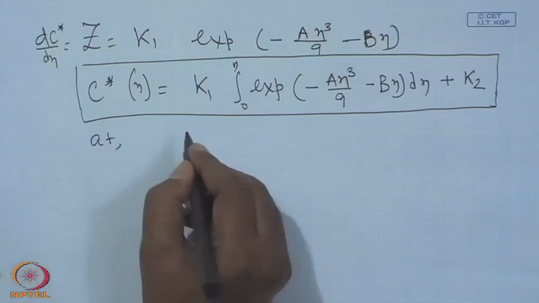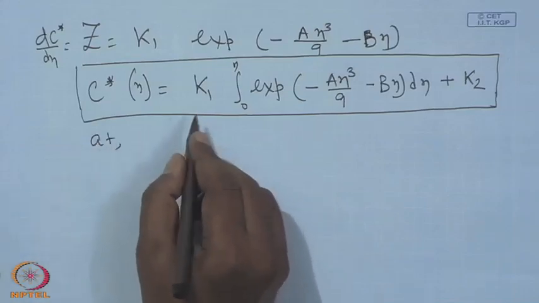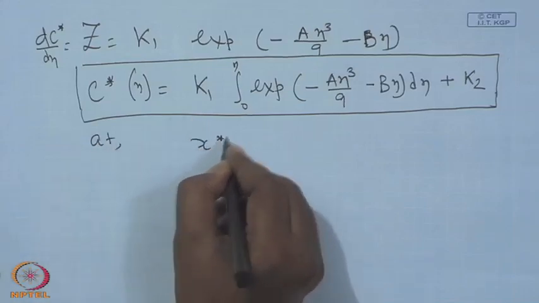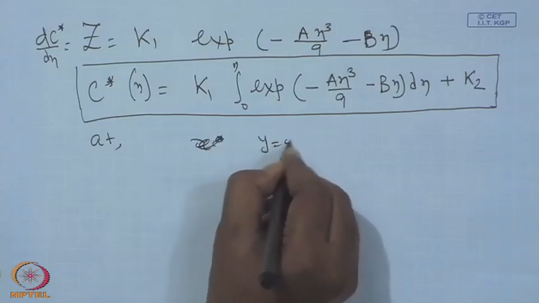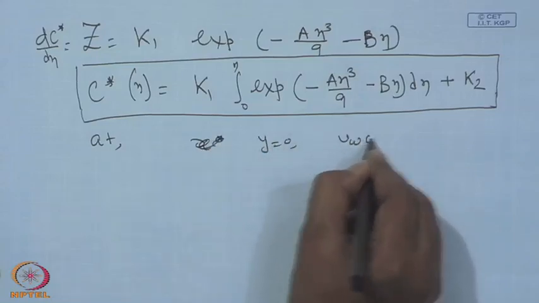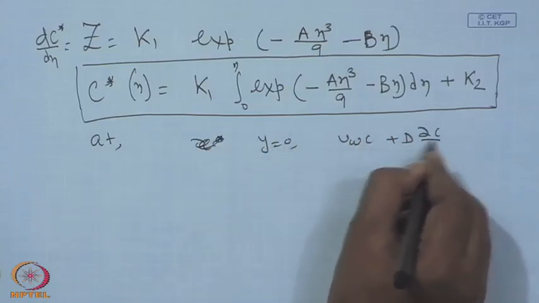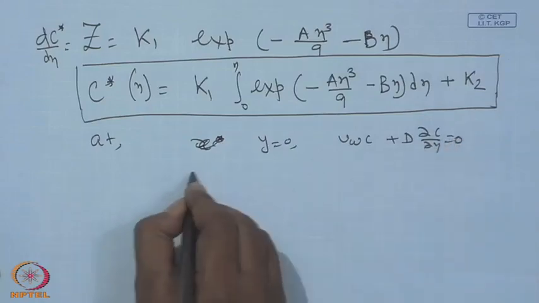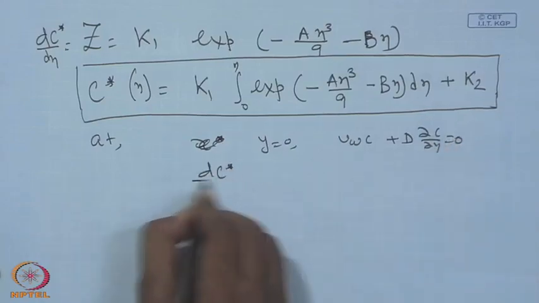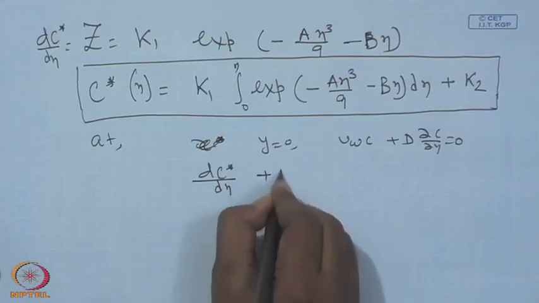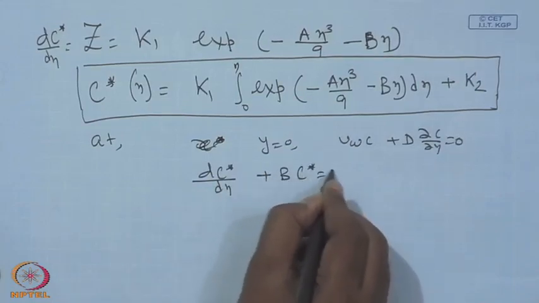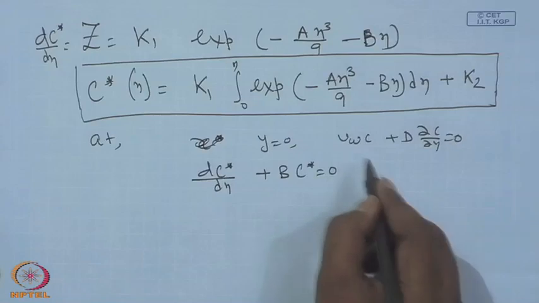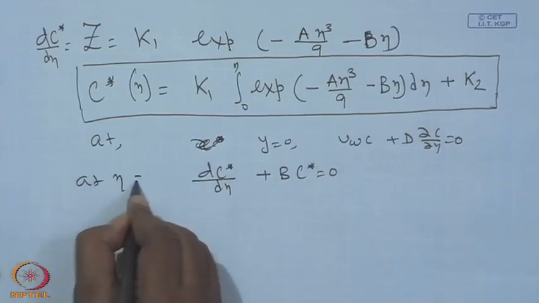Let us look at the boundary conditions. At x star equal to 0, at y equal to 0, we had V w c plus D del c del y is equal to 0. In the non-dimensional form, this becomes d c star d eta plus b c star is equal to 0, at eta equal to 0.